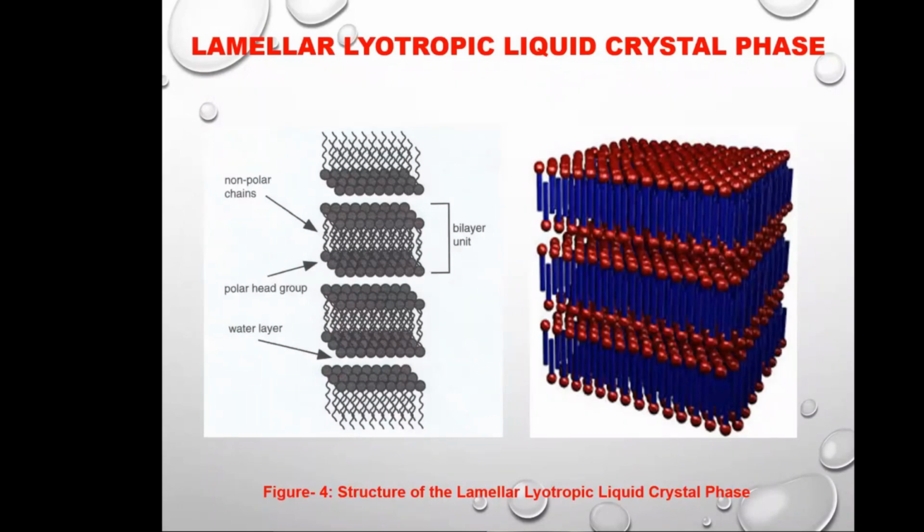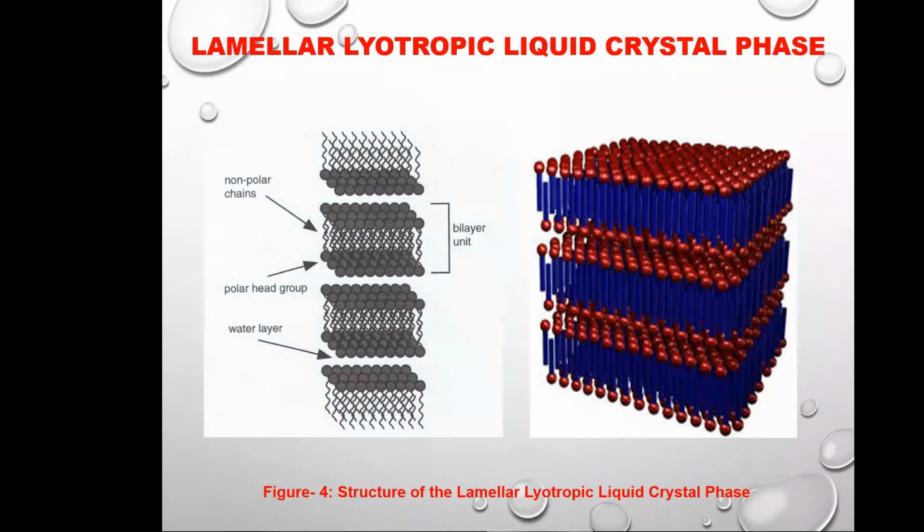A lamellar lyotropic crystal phase is one of the most important, as it is present, for example, in the cell membrane. This is how the cell membrane is built.